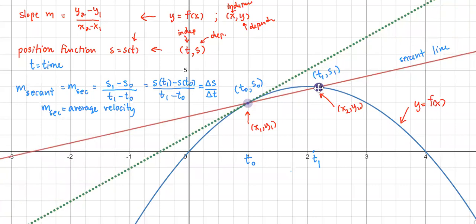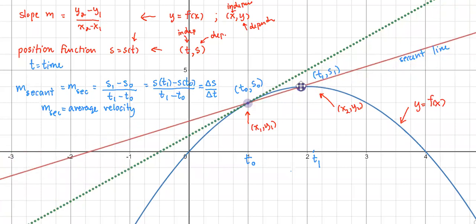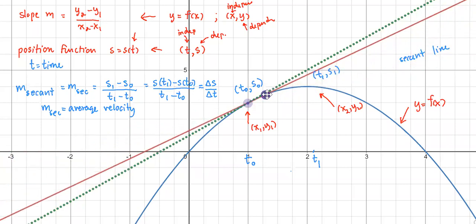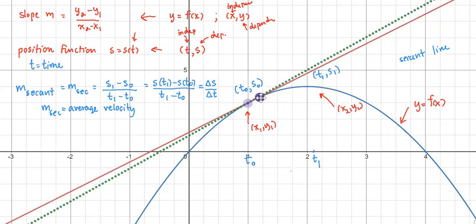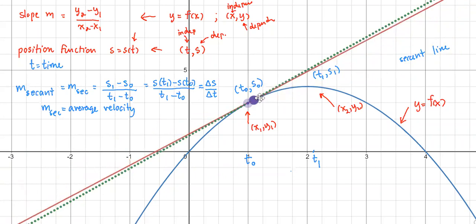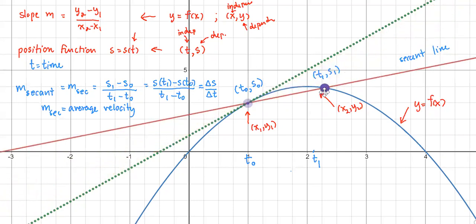As I move the coordinate here closer and closer to the original or the beginning point here, they are almost the same. And you see the red line and the dotted line, almost the same one, right? The dotted line here is called the tangent line.